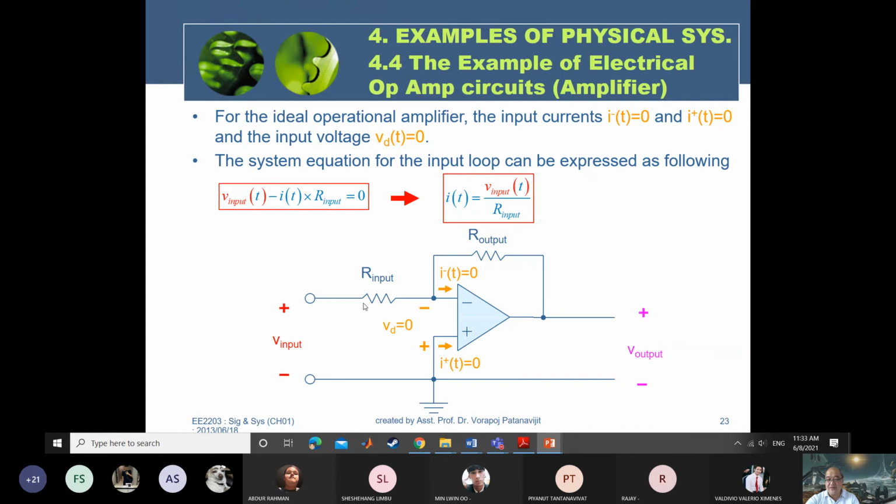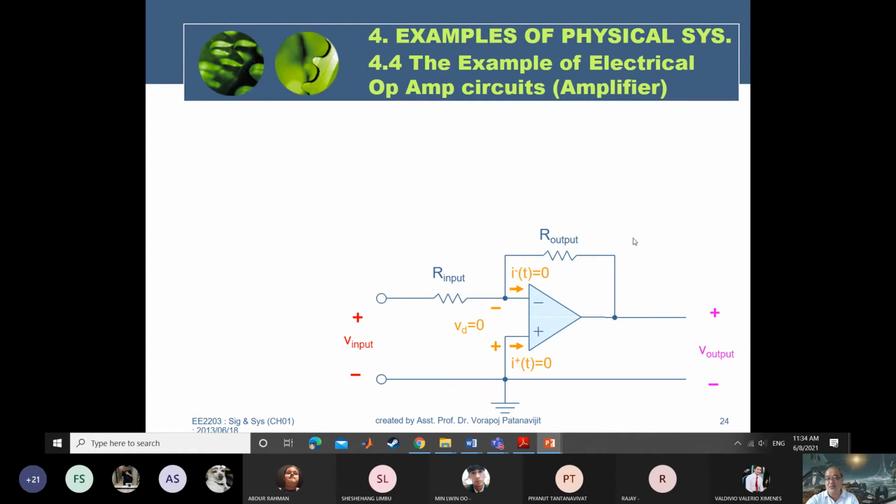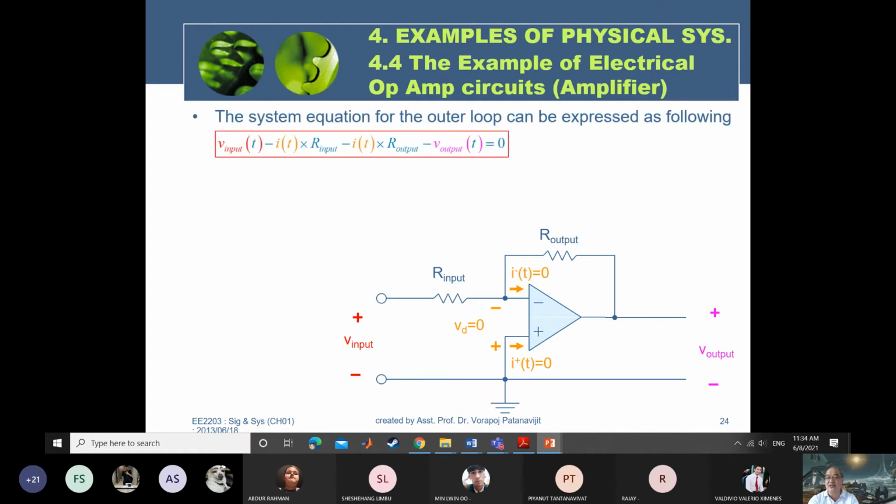In the input loop, VD equals 0. Therefore, in this loop we apply KVL with VR, and we can explain I in terms of V input. The next step, the system equation for the outer loop, describes the input and output relationship.